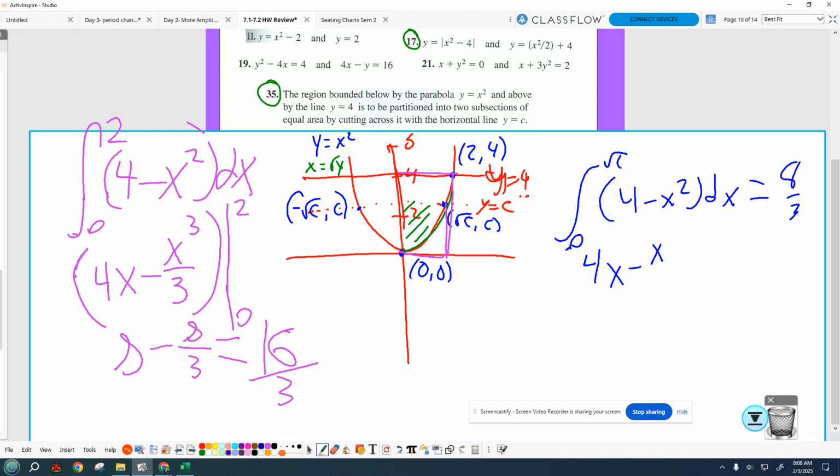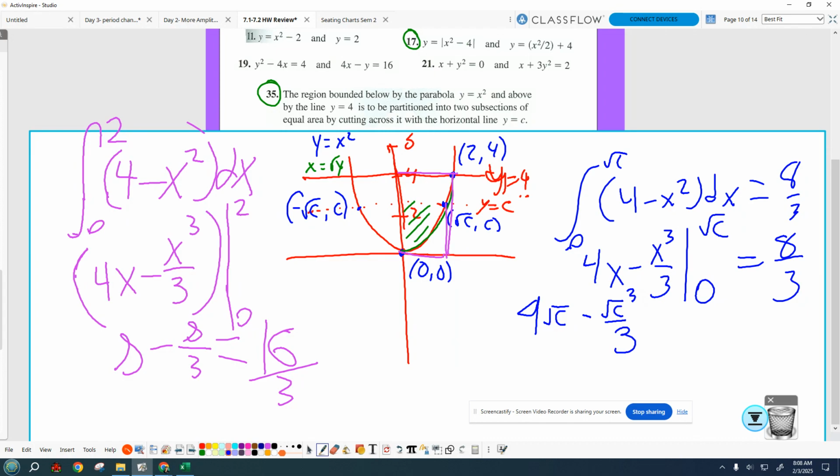And then we need to evaluate it from 0 to root c. Equals 8/3. And now Stella, how do we plug in that root c? Not just 4 root c. Okay, this is the next piece that's harder. C to the 3 halves. That works. C to the 1/2 times c over 2 technically is also right.